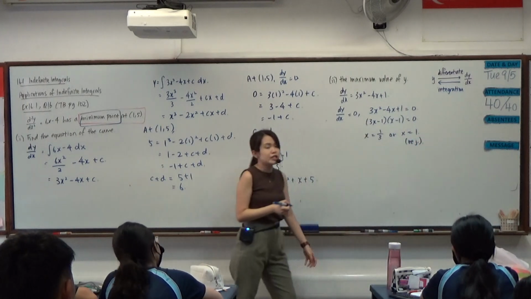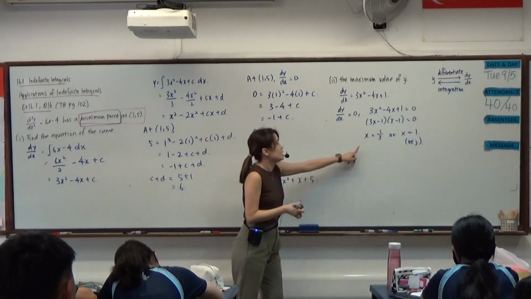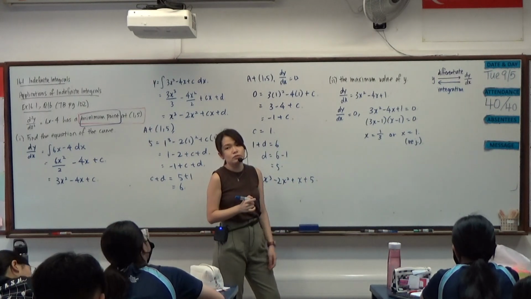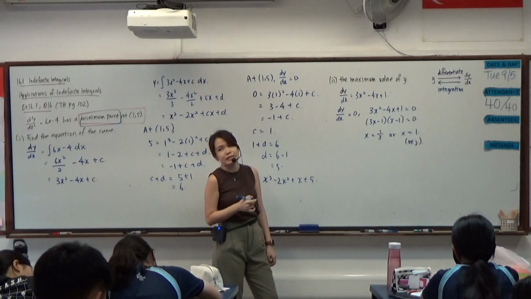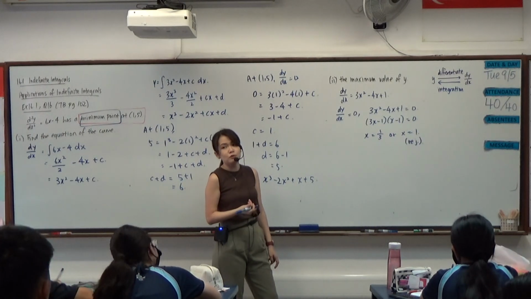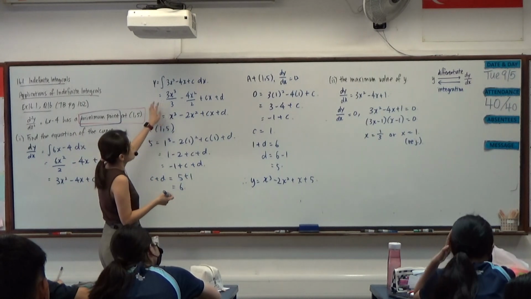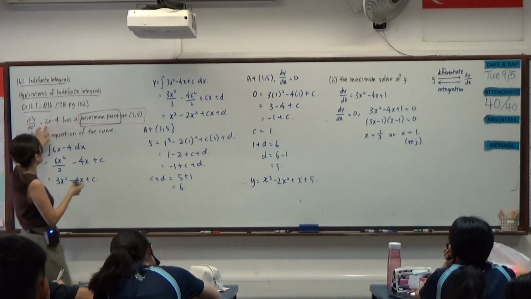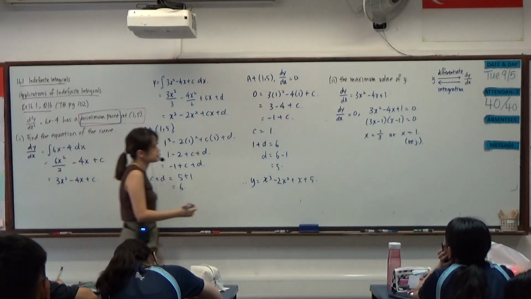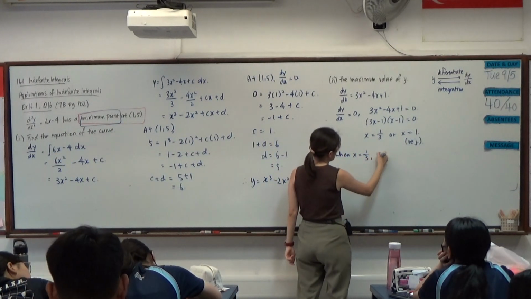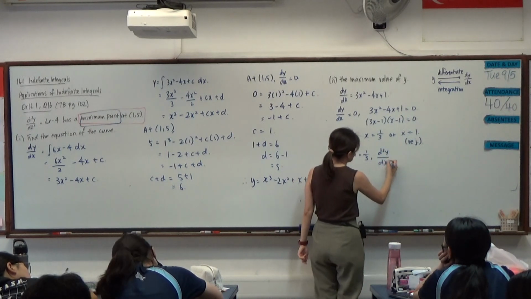So naturally, we can reject x equals 1 and use x equals 1/3. But we are not certain that x equals 1/3 is really going to give us the maximum value. We need to actually prove it by making use of our second derivative test.